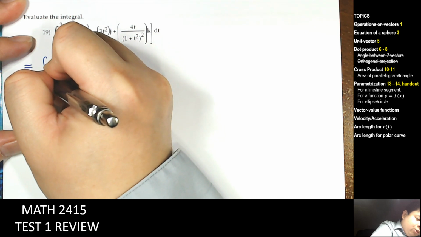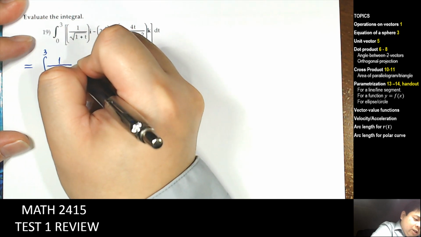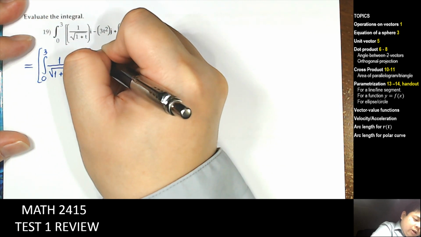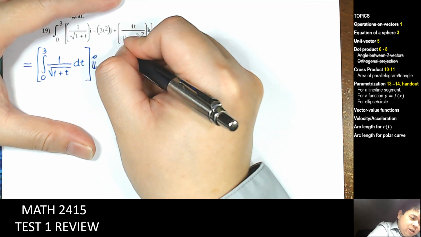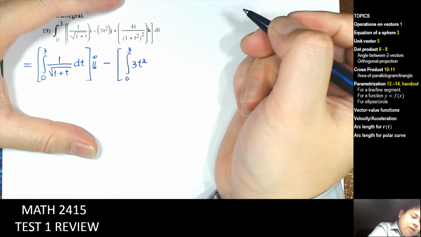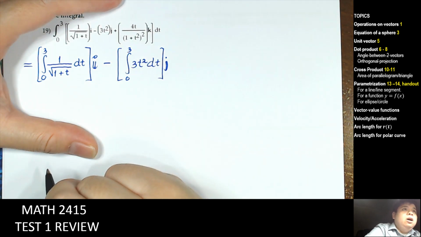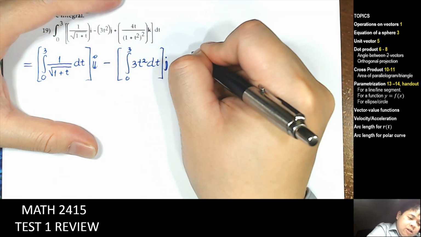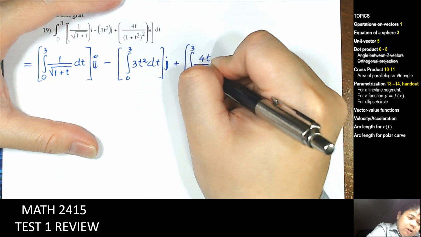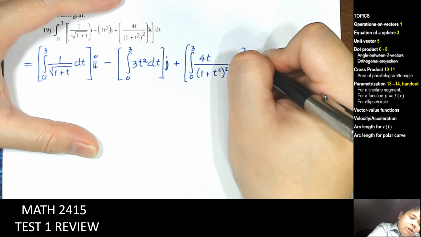So first, we're going to have the integral from 0 to 3 of 1 over square root of 1 plus t dt, all of that in the i component, and then minus the integral from 0 to 3 of 3t squared dt, that in the j component, and then plus the integral from 0 to 3 of 4t over 1 plus t squared dt, that in the k component.